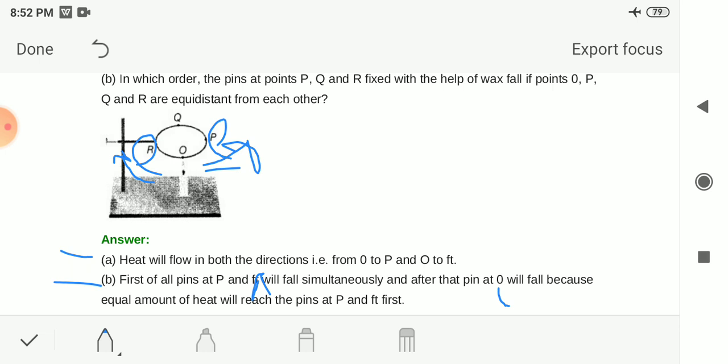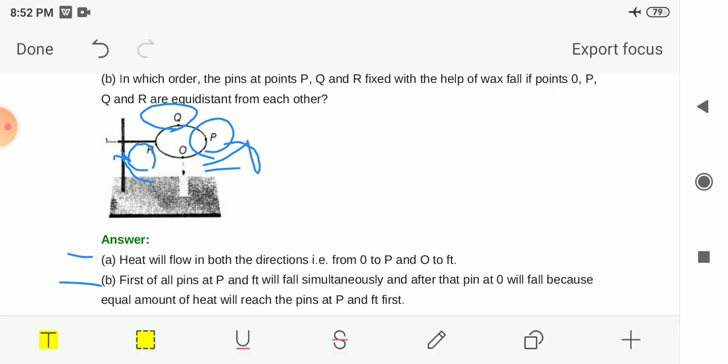Here it is Q. So of the pins connected at P, Q and R, the pins at P and R will fall first because the same amount of heat reaches these pins, and then at the end the pin fixed at Q will fall, as it is the farthest from point O. So this is the answer for the second question.